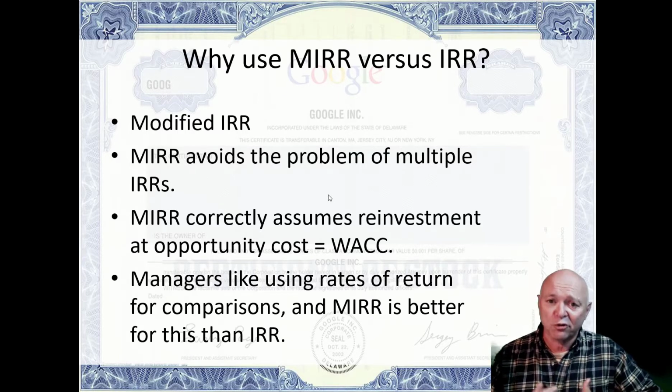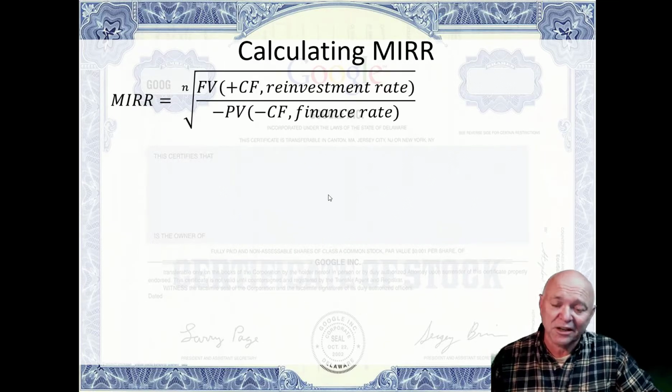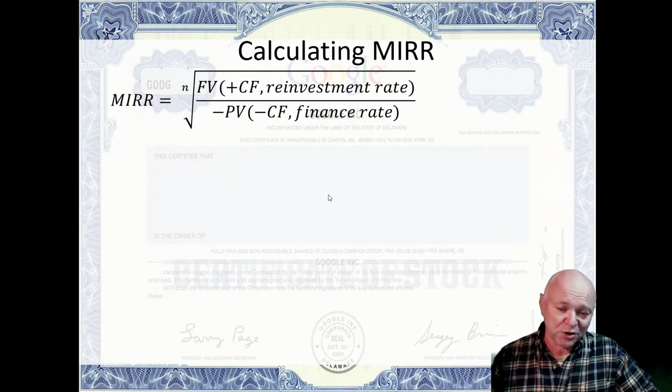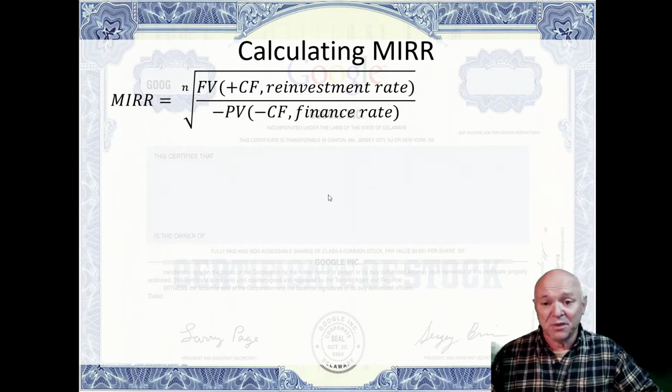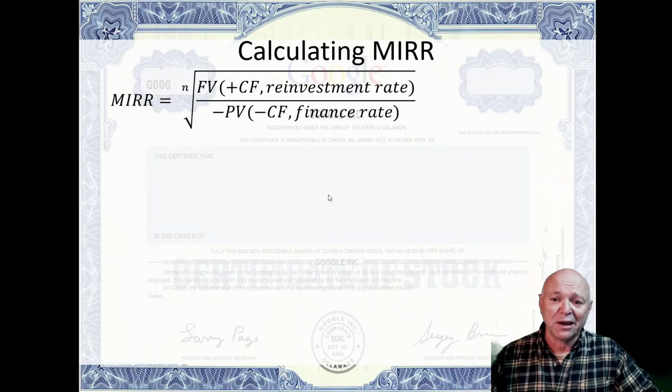If we take a look at the overall formula, essentially the modified internal rate of return requires the comparison of the future value of positive cash flows and the present value of negative cash flows. The future value of the positive cash flows is done using the reinvestment rate, the specified weighted average cost of capital. And the negative cash flows are going to be valued using a different or separate finance rate.